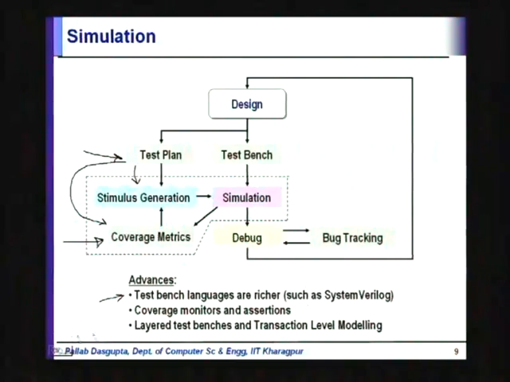So that's very nice, because it helps you in modeling very complicated scenarios. And then there are coverage monitors and assertions, which we are going to study. And then test benches have become layered, and there is a term called transaction level modeling, which has become very popular. We will talk about these things in due course of time.